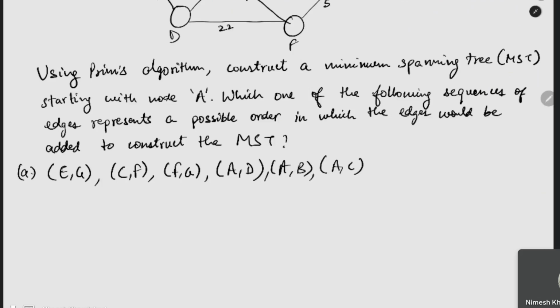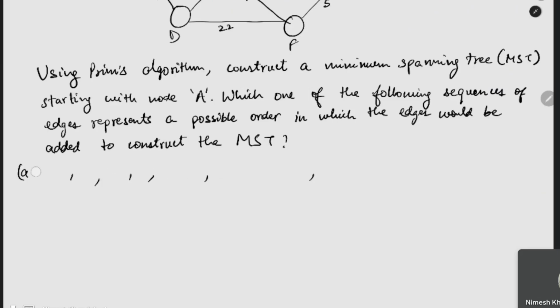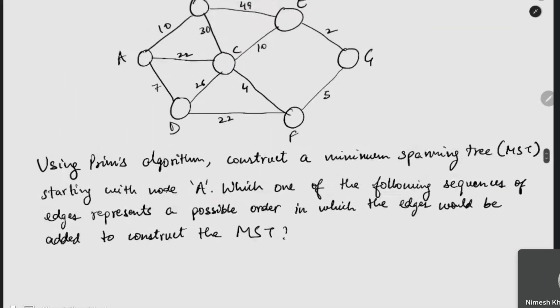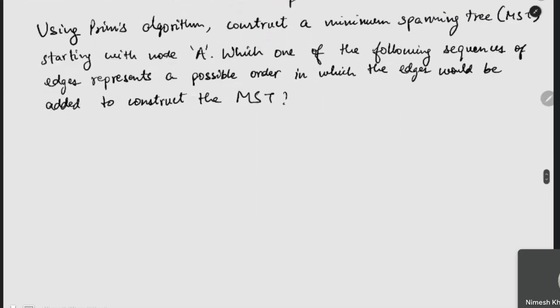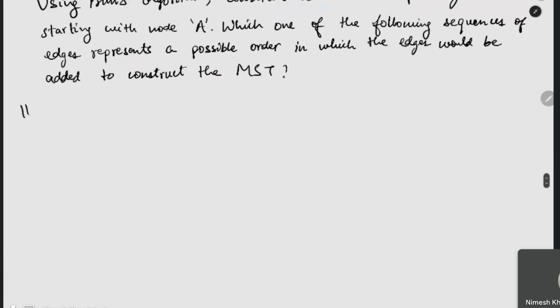Or what we can do is we can just get the sequence, and then you can just write it here rather than wasting our time doing this. So for this we'll just revisit Prim's algorithm in the pseudocode format.